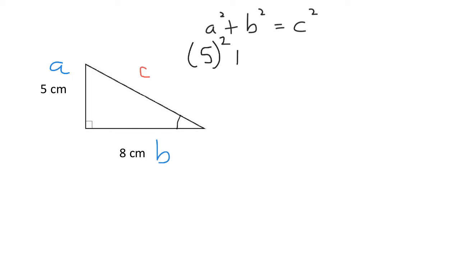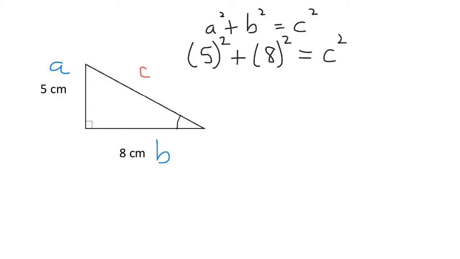Then I have a plus sign, and then the value of side B was 8 centimeters. So I'm going to plug in 8. Again, that value needs to be squared. And the entire equation is equal to c squared. So c is our unknown variable, and it's what we want to solve for. So I'm going to go ahead and simplify.